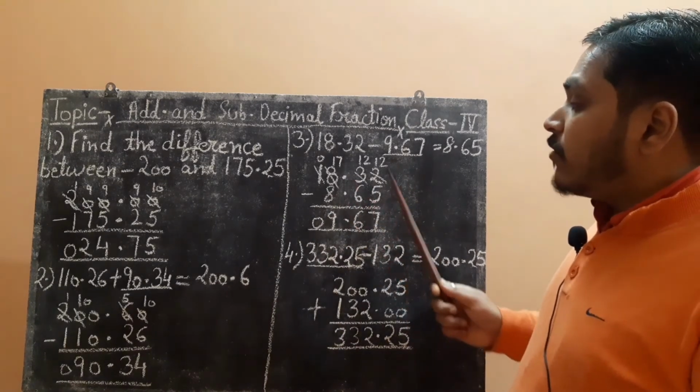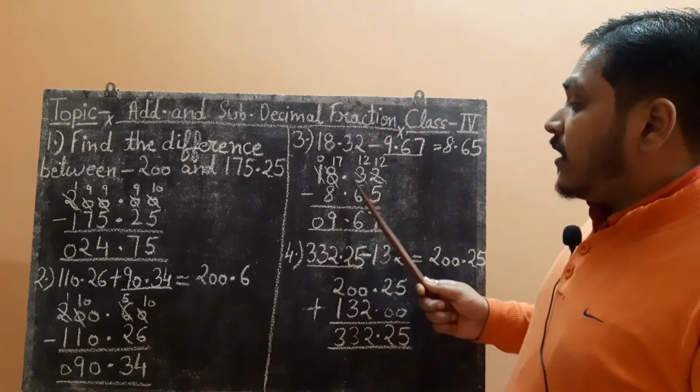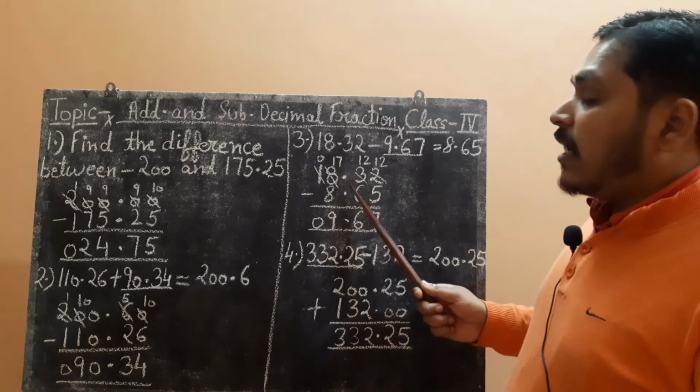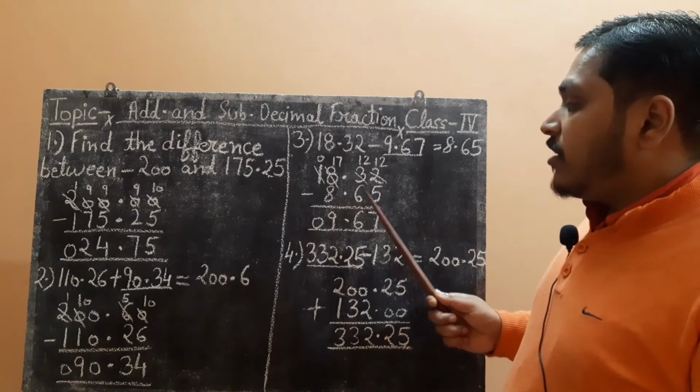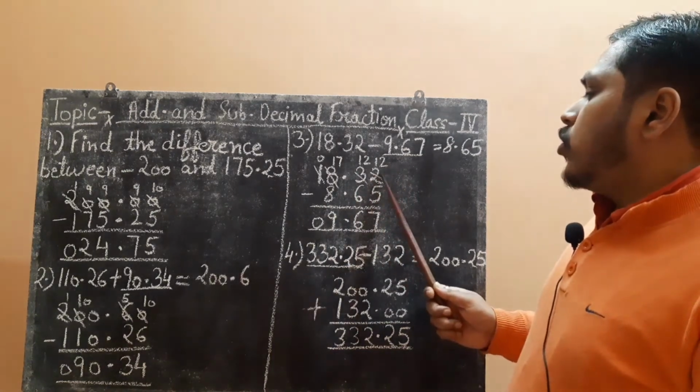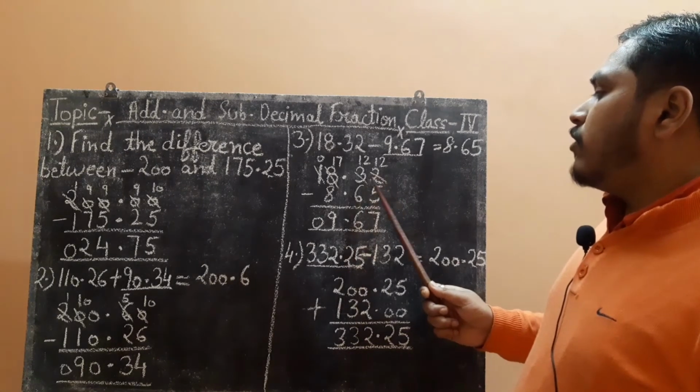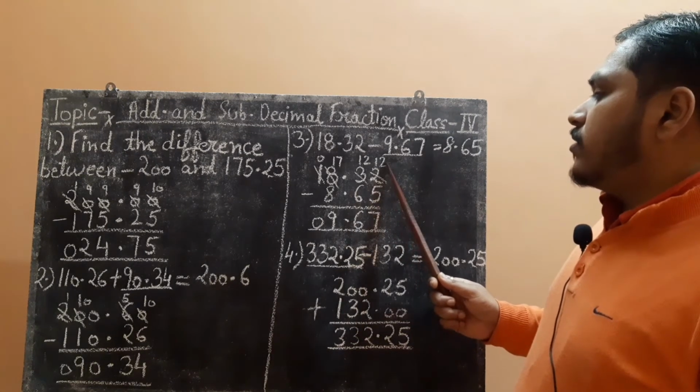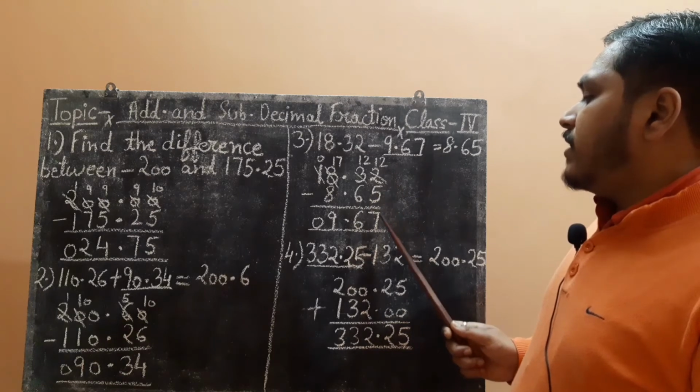Now again when you are writing the numbers here, just see the decimal should be placed one under the other. Do not shift or change the place of the decimal point. So 2 minus 5, now 2 is a smaller number, you have to take a borrow from 3, this will become 12, 12 minus 5 is 7.